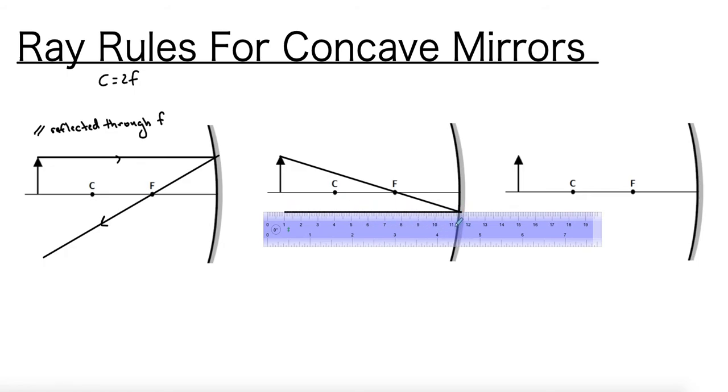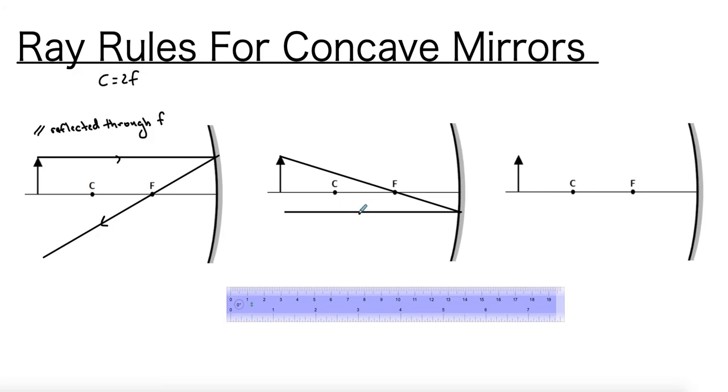If your ruler works. I have a dysfunctional ruler apparently. So this is through F, through your focal point, it'll be reflected parallel to the principal axis. PA is your principal axis. So that's your first two, 1 and 2.